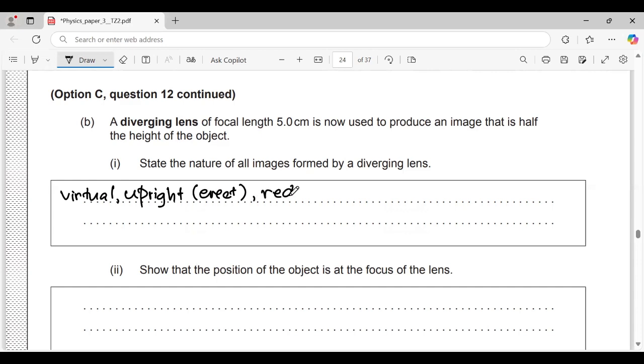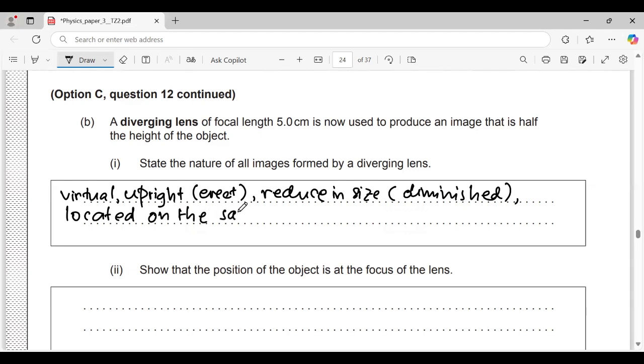reduced in size, or in a different term, diminished, located on the same side of the object.